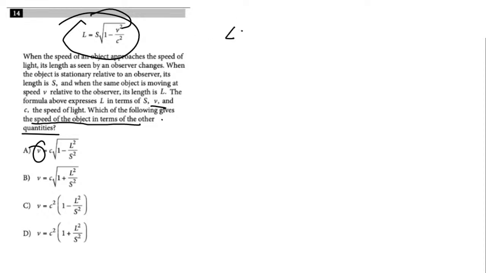So I have L equals s times the square root of 1 minus v squared divided by c squared. Now I need to get rid of everything around v. So I need to free it. First, I divide each side by s.